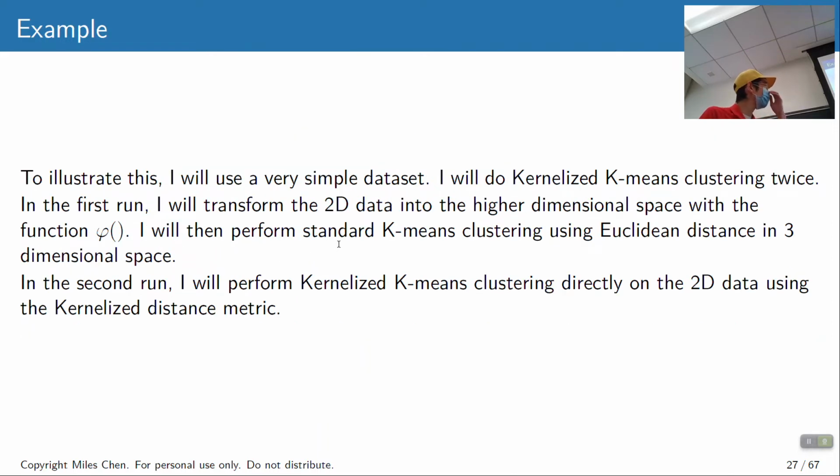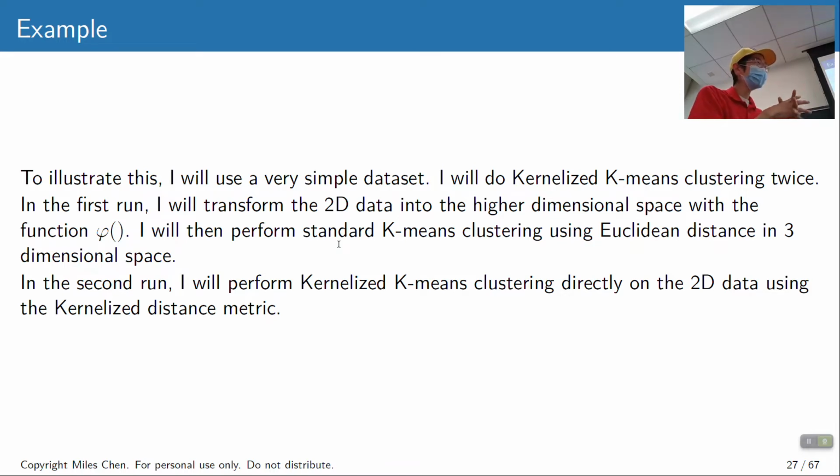So let me just illustrate this. We're going to start off with a very simple data set, and I'm going to do the same thing twice. First, we're going to take my two-dimensional data and transform it into 3 dimensions. Then we will actually calculate the locations of the centroids, find those distances, and reassign the points.